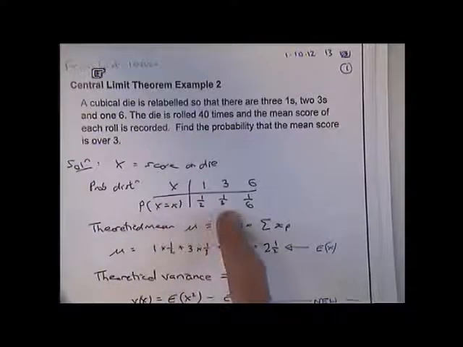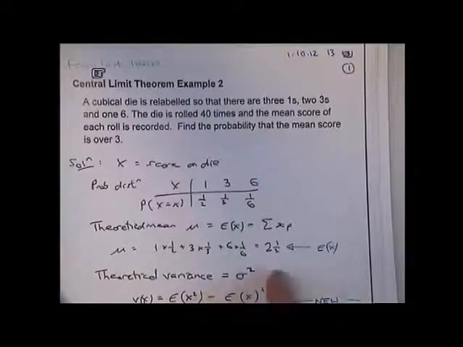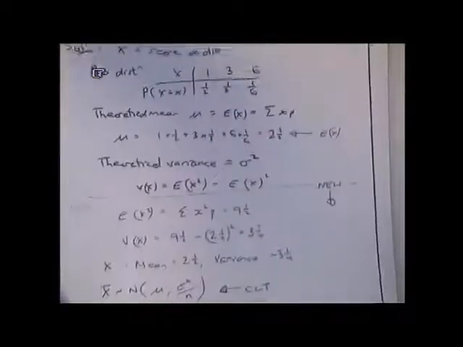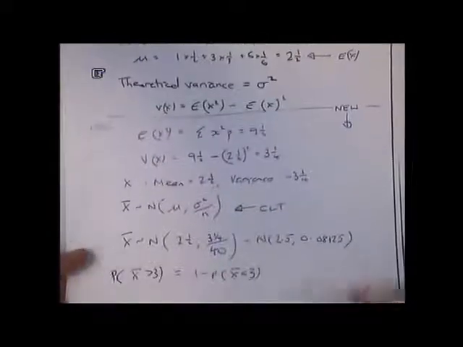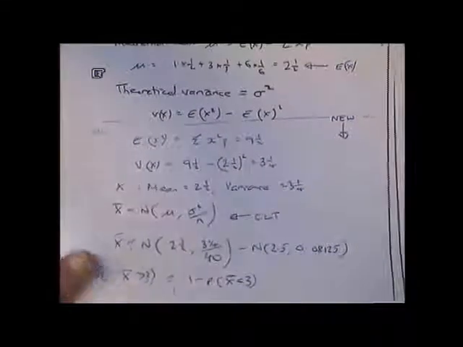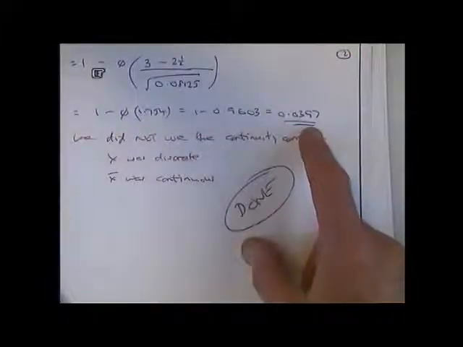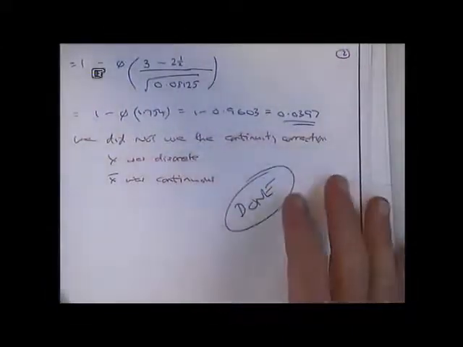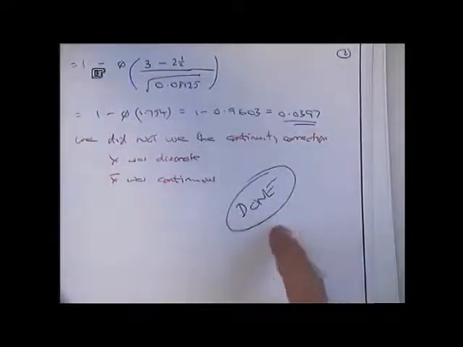We drew up its probability distribution, worked out its mean and its variance, and then used the central limit theorem to find the distribution of x bar, and we worked out the probability that the sample mean was bigger than 3 was this value over here. And we didn't use the continuity correction because whilst x was discrete, x bar wasn't. That's what we've done so far.